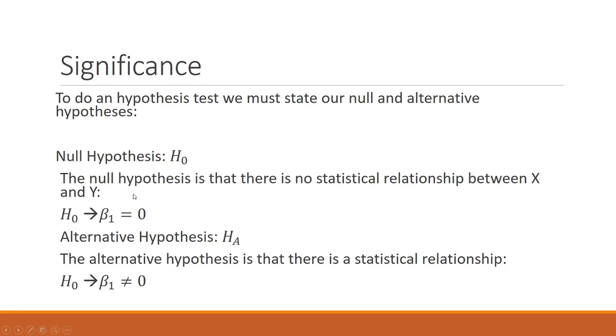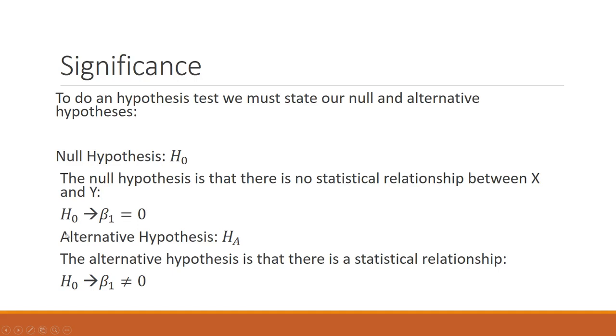In our example, our null hypothesis is that there is no relationship between education and income. If there's no relationship between education and income, that would mean that beta 1 equals 0. Our null hypothesis is that beta 1 equals 0.